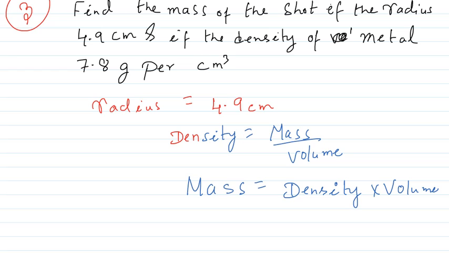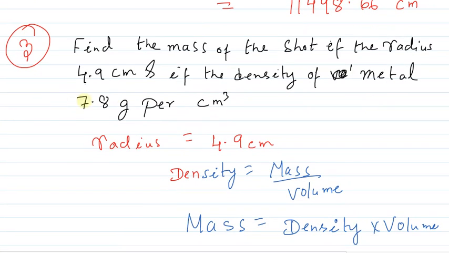Are you hearing me? Hello? Your voice not coming. Wait just a minute. So density is equal to mass by volume. So mass is equal to density into volume, right? Mass is equal to density into volume. This one we can write.